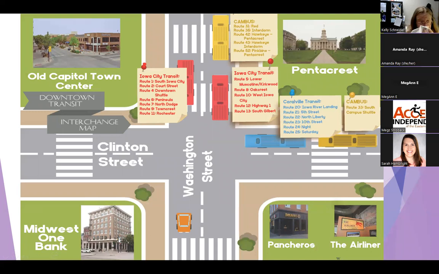Okay. So if we zoom in a little bit further on that star, the center of the system, you will see the downtown interchange. So this is at the intersection of Clinton and Washington Street in downtown Iowa City. We've got the Old Capitol Mall here, and then also the Pentacrest, which is where the Old Capitol is.